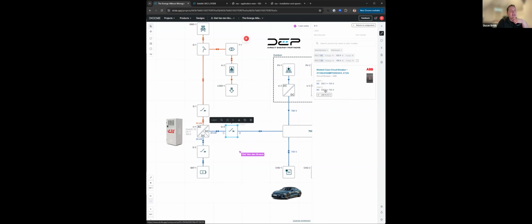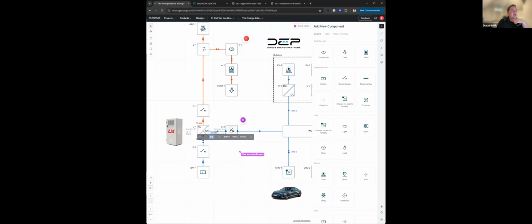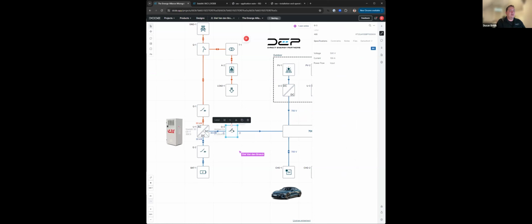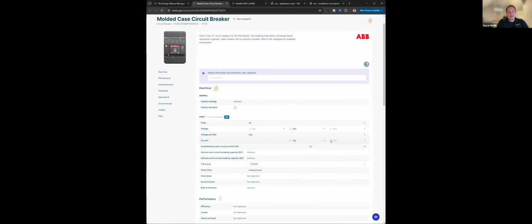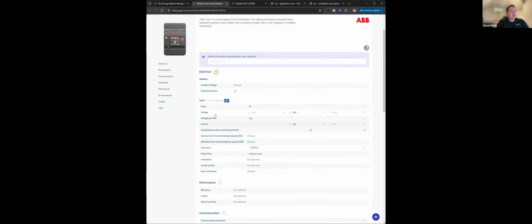We can link it, and look at that data sheet in more detail. Just like we looked at a power converter data sheet, this is a harmonized data sheet for circuit breakers. But I would say the most important attributes to start with are the poles, the voltages per pole, and the maximum voltage. Why is that, Giel?